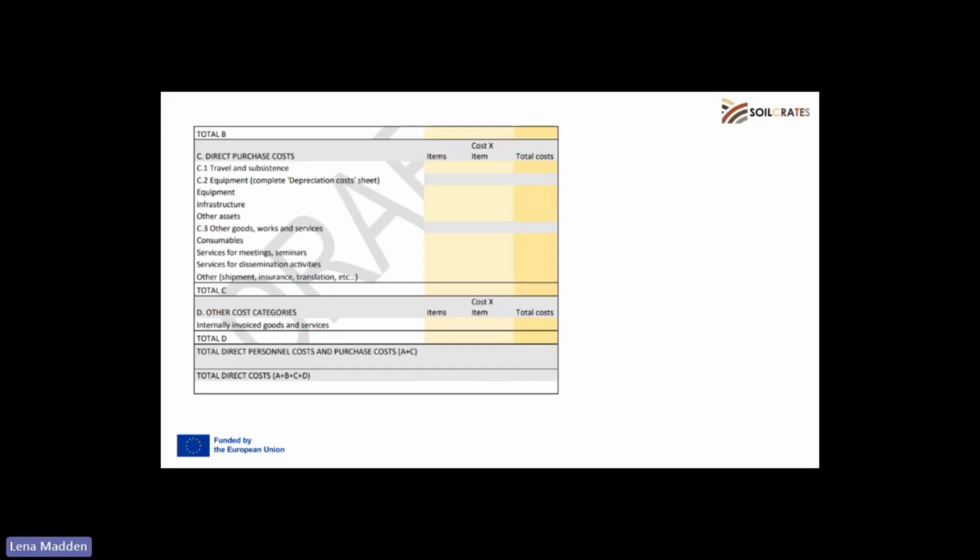And then part C, which is your purchase cost, which is travel and subsistence within the country. If you go, say, for a dissemination event to TUS or any of the 3 counties that we work in Living Lab with, or the travel that you go to an international event.